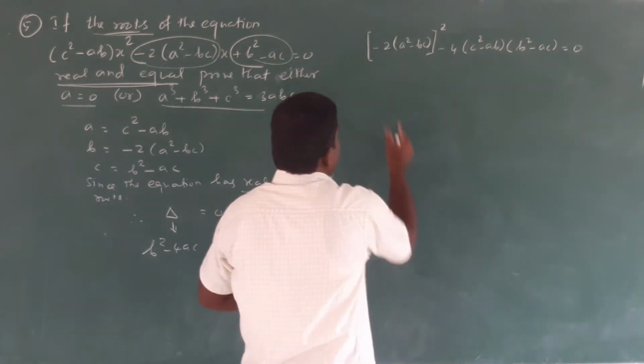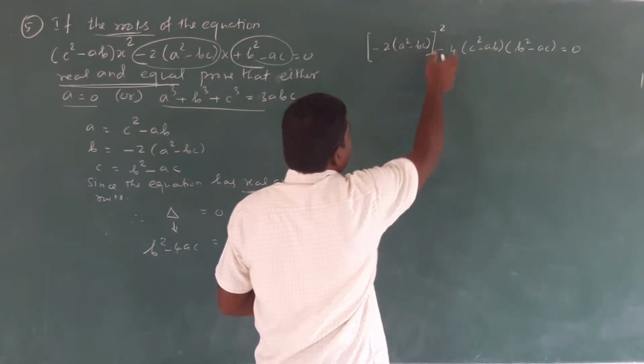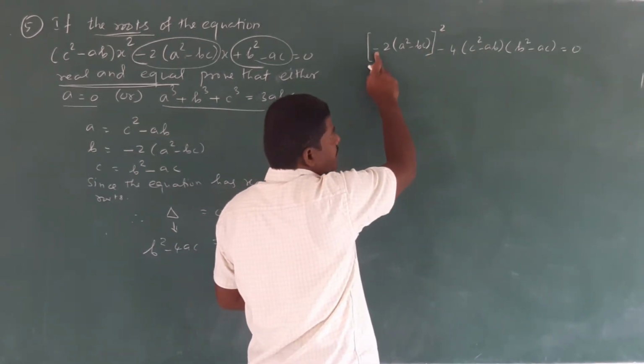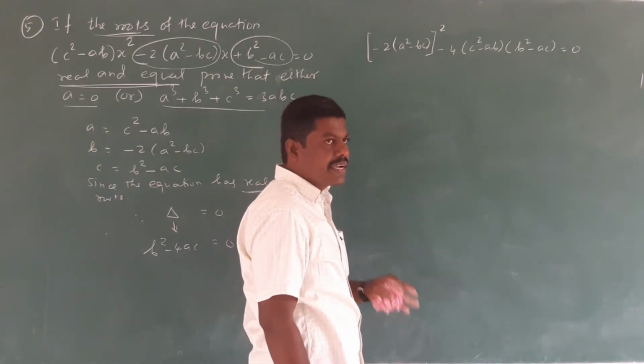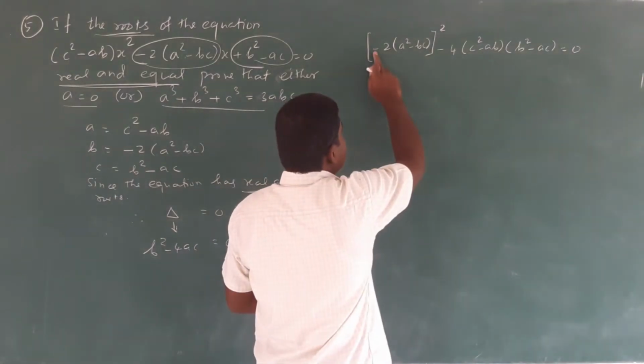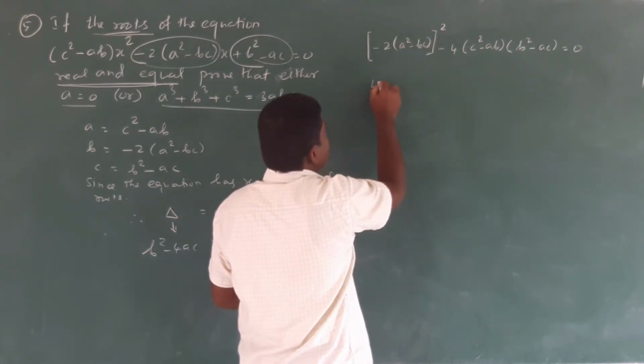Now, minus 2 whole square means, negative sign has even power, so the negative sign becomes positive. So minus 2 square is nothing but plus 4.